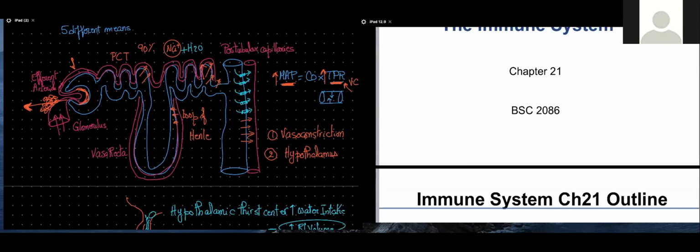When you constrict the efferent arteriole, this will reduce the hydrostatic pressure within your peritubular capillaries. So less fluid is circulating here, so I have less pressure within my peritubular capillaries. This allows better reabsorption of the water back from my kidney tubules.